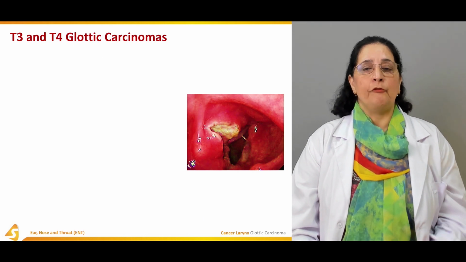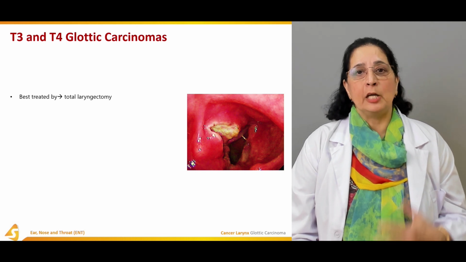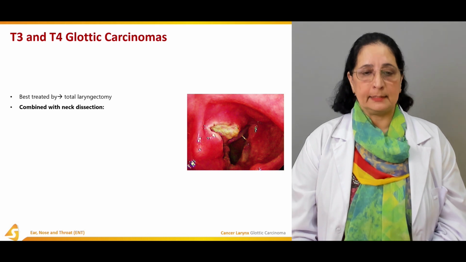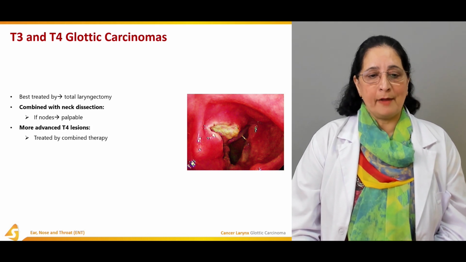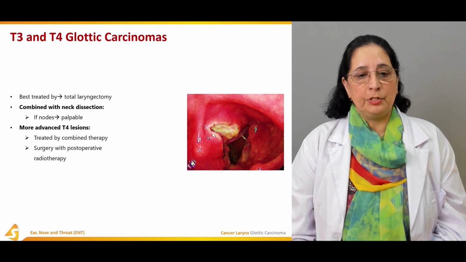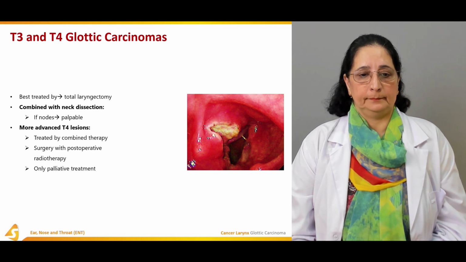T3 and T4 glottic cancer are again best treated by total laryngectomy combined with neck dissection if nodes are palpable. More advanced cases are treated by combined therapy, surgery with post-operative radiotherapy.